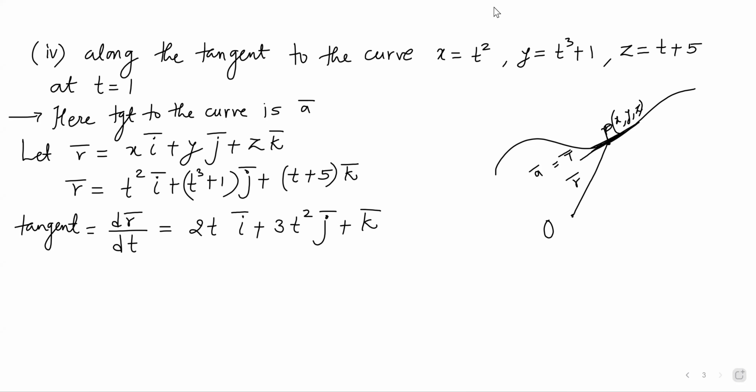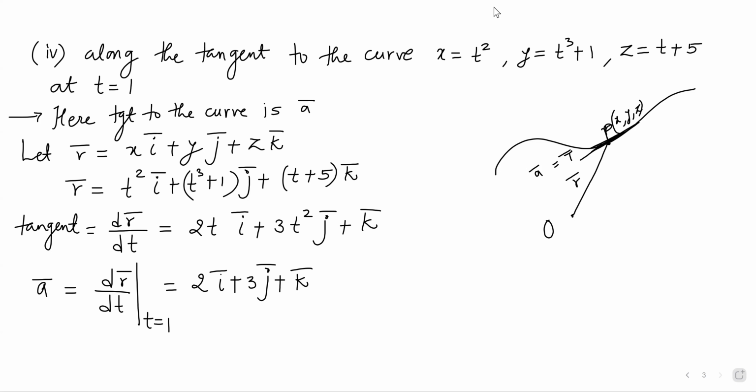Now I have to find the tangent at the particular point t. So dr bar by dt at t equal to 1 is your a bar. Substitute t as 1, so we get 2i bar plus 3j bar plus k bar. Once I get a bar, the job is easy.